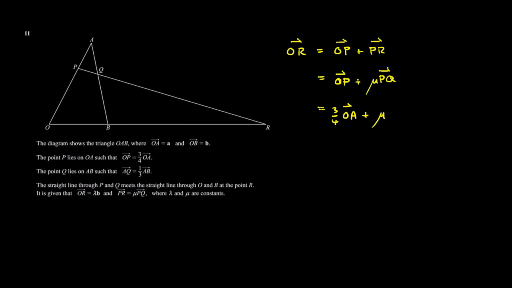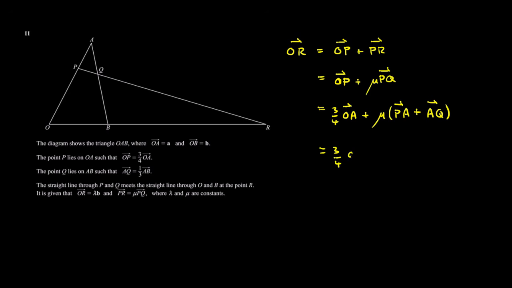Well, P to Q I could write as P to A and A to Q, or I could say it's P to O and O to B and then B to Q. I think it's easier to do the other way, so let's do P to A and A to Q. So I'm going to write this as P to A plus A to Q.